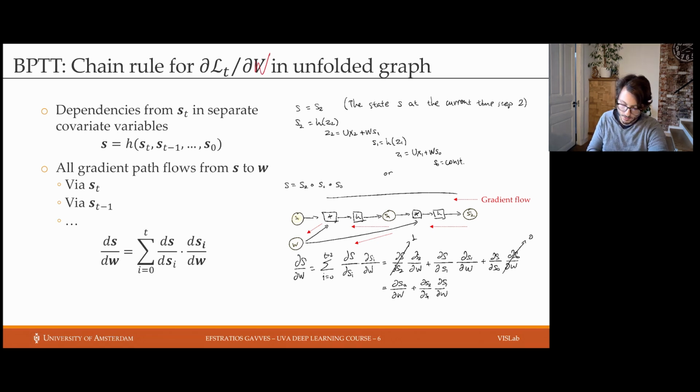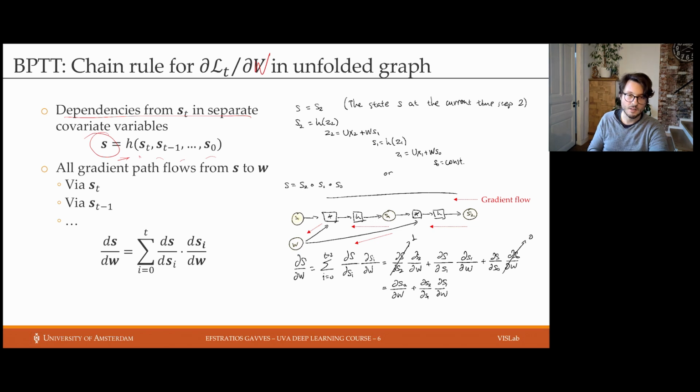Let's start with the memory parameters. Let's start with that in the unfolded graph. So we've got the dependencies from the current state at the time step t. One thing we can think about is that we express the current state of our system as a function of all previous states.